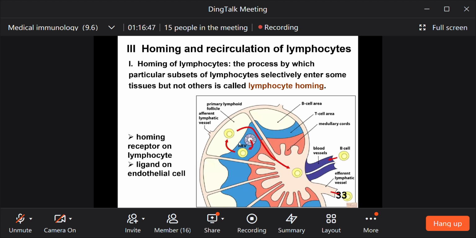Okay, here is another part of this knowledge. It is homing and recirculation of lymphocytes. The homing of lymphocytes is the process by which a particular subset of lymphocytes selectively enters some tissues but not others.